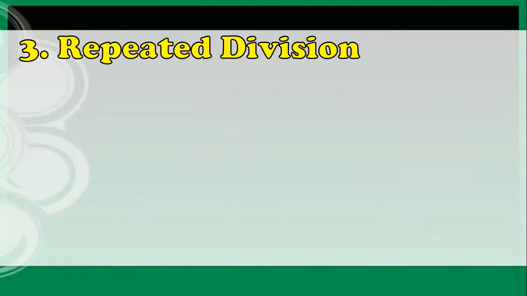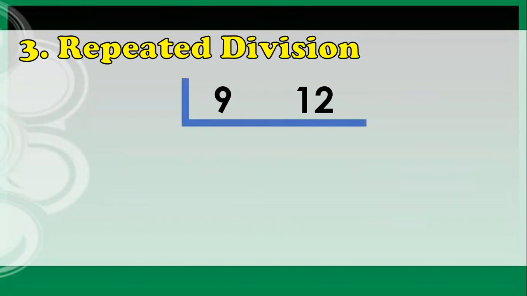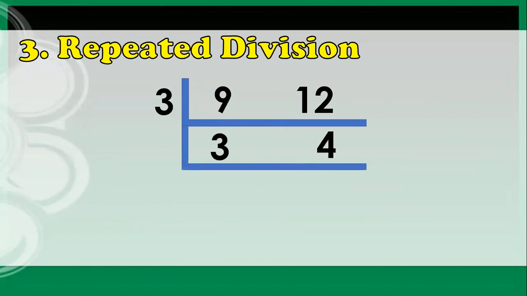Lastly, we're going to use the repeated division. We're going to find the LCM of this pair of numbers, 9 and 12. So we're going to divide by the smallest prime number, which is 3. Okay, 9 divided by 3 is 3. 12 divided by 3 is 4. After that, we're going to divide with the smallest prime number again.